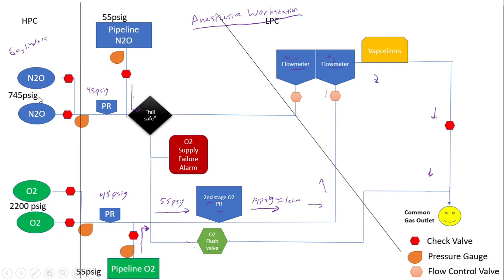The high pressure circuit is where our E cylinders are at 745 psig for our nitrous, at 2200 psig for our oxygen, and where the pipeline comes in until the area before we transition the pipeline to our 1 atmosphere or our low pressure system. That is our intermediate pressure circuit.